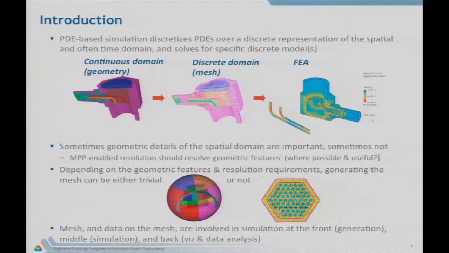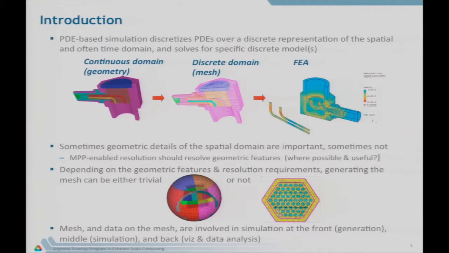Depending on the geometric features and what sort of analysis you're doing, sometimes generating the mesh can be trivial. Like I love working with climate people because I think I can generate a mesh for the sphere. But other times, like in reactor analysis, even in 2D, the model can be fairly complicated. In 3D, it can get just insanely complicated. So sometimes meshing is a problem, other times not.